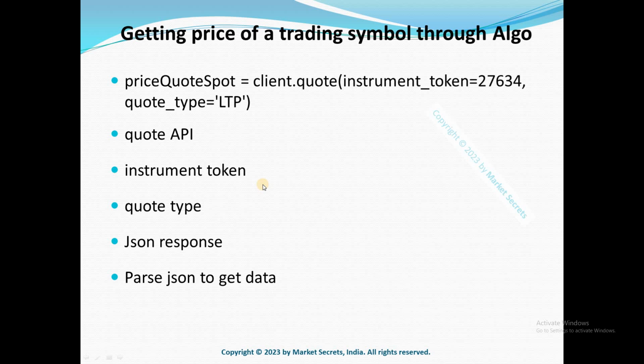That is how you need to use this price quote API. Call the API with the right instrument token and the type of data that you need, and once you get it, you can parse the response and pull out the exact data that you need. This is how you get the price of any trading symbol through your algo or script.